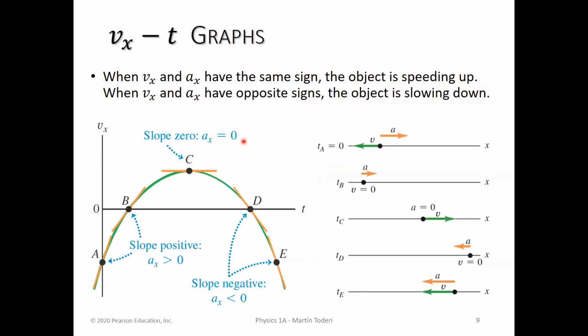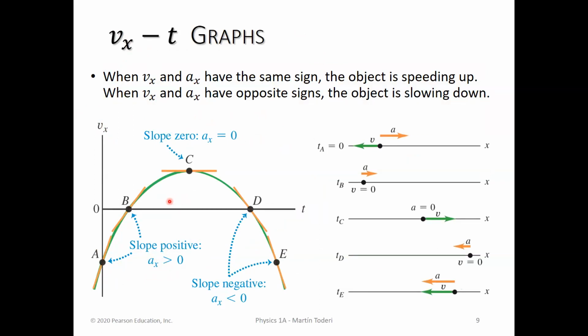So we can take a look at these v-t graphs, and it's very similar to what we discussed before. We can take a look at the slopes. We have a positive slope at point A and point B, so that means that we have a positive acceleration.